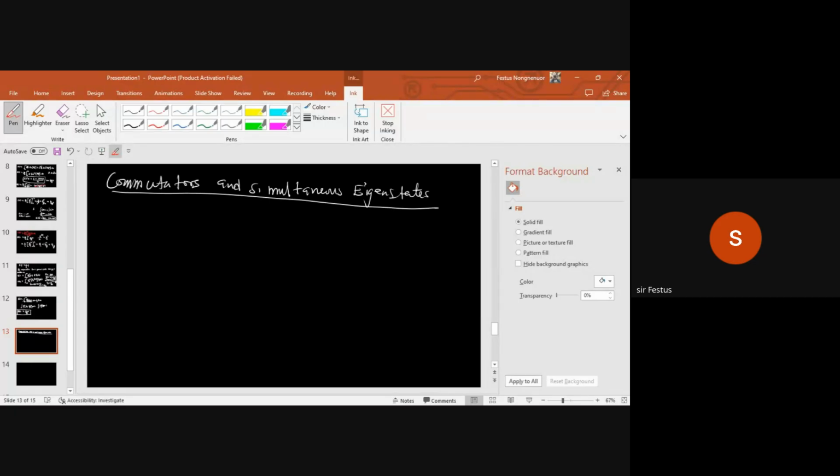If the operators commute, it means that when you find their difference, it will give you 0. When you find the difference and it is not giving you 0, it means that those operators don't commute. And once they don't commute, their way of observing is very important. That is, their way of measuring is very important.